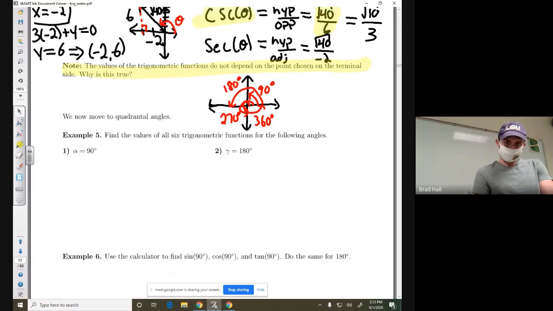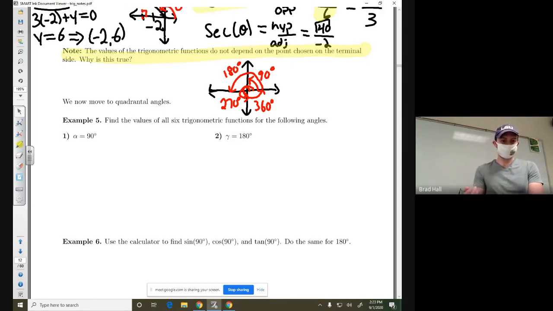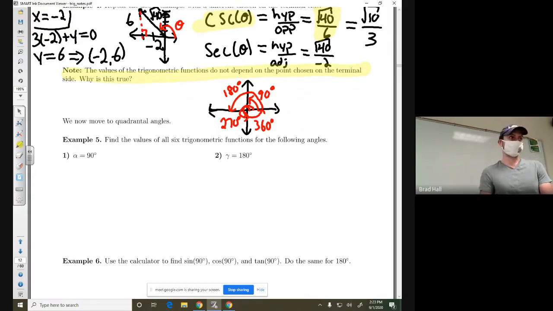So scroll down a little bit. It's pretty much asking us to do the same exact thing as before. Really, it gives us less information, but there's a reason why. Example 5 is very similar to example 4 and example 3.